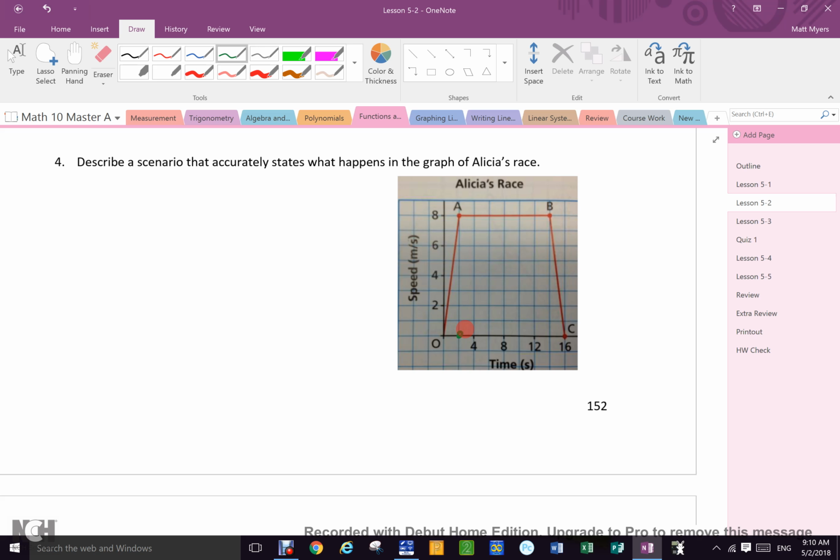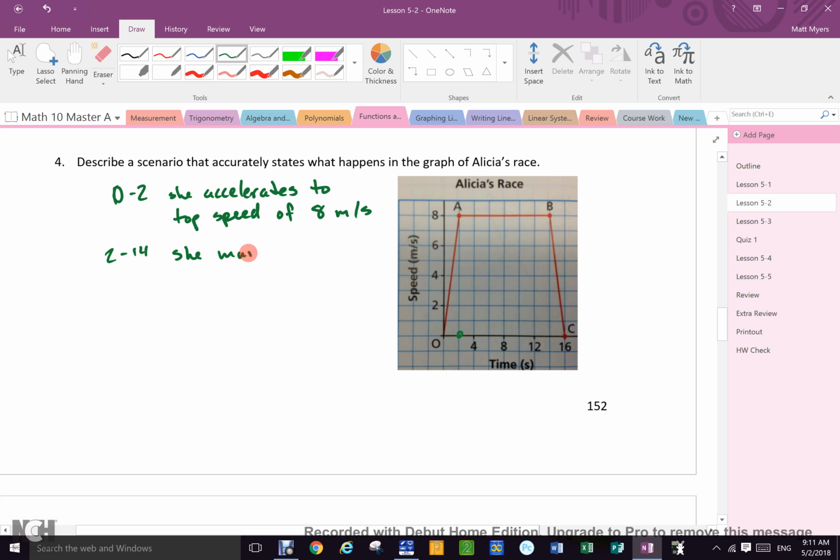So for the first 2 seconds, she accelerates to what? To a top speed of 8 meters per second. Then what happens from 2 to 14? She maintains.